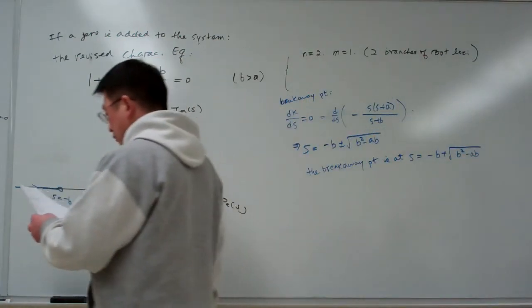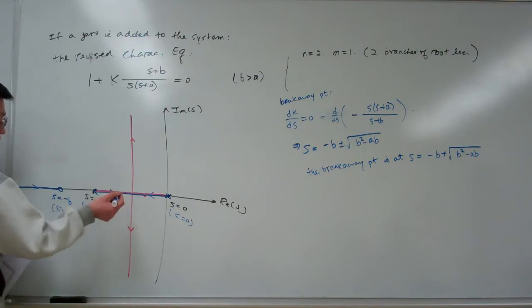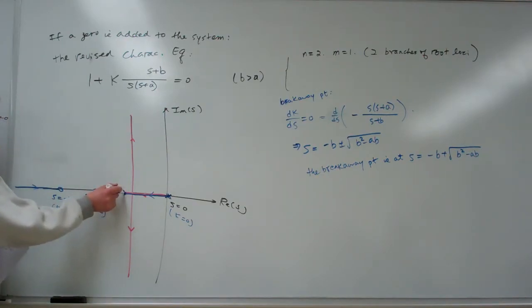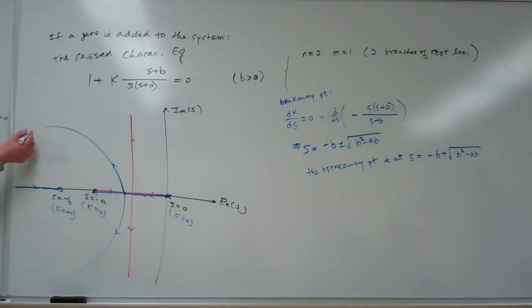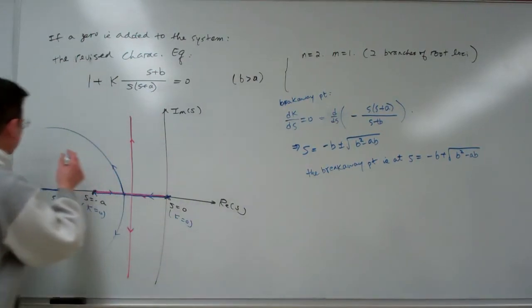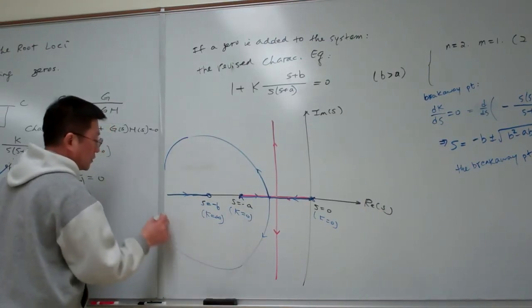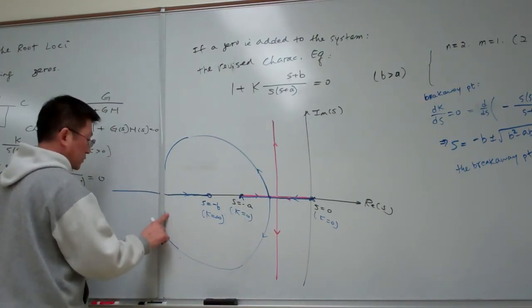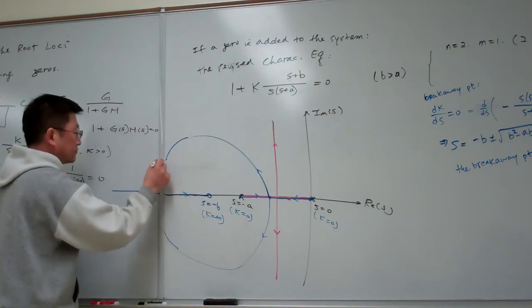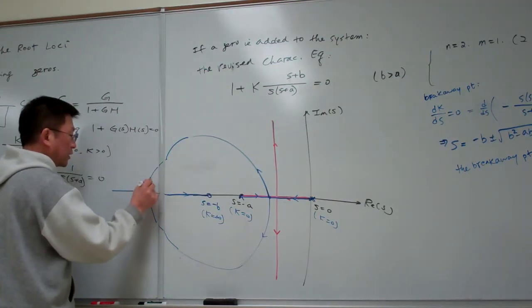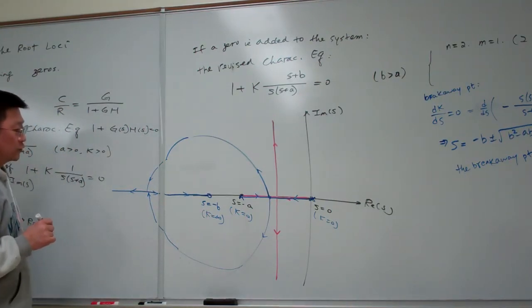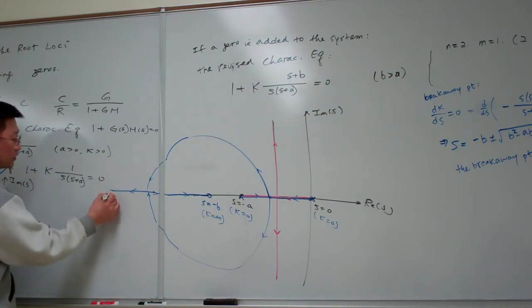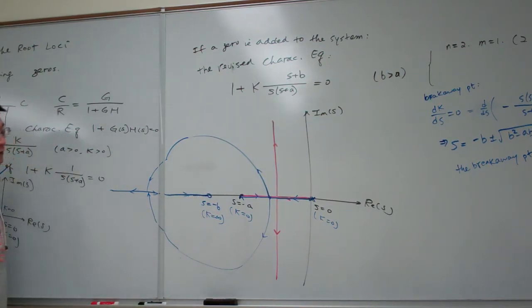I just pick a location randomly here. So the branch breaks away at this point, and another point should be a break-in, and then it comes to this portion. This one goes to infinity, and this one approaches here.